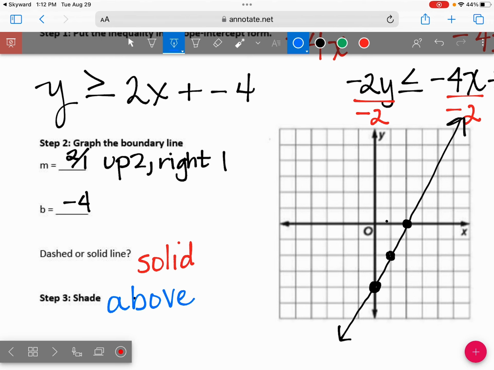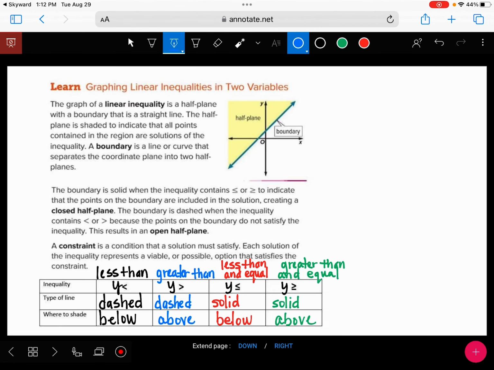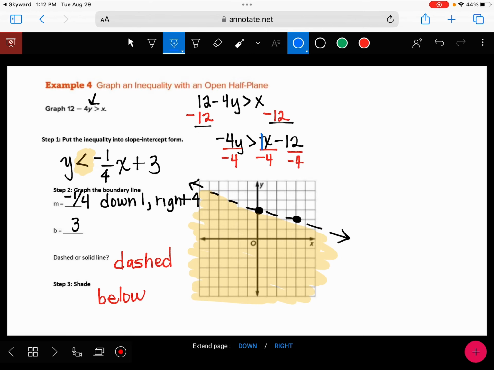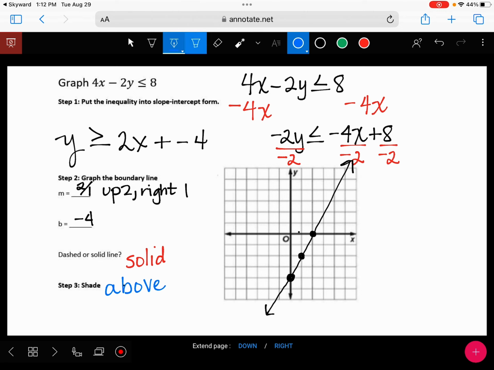Greater than faces towards the right, and less than faces to the left. That's how I remember it. Okay, so now we're going to shade above, so that would be all of this area. This is above the graph.